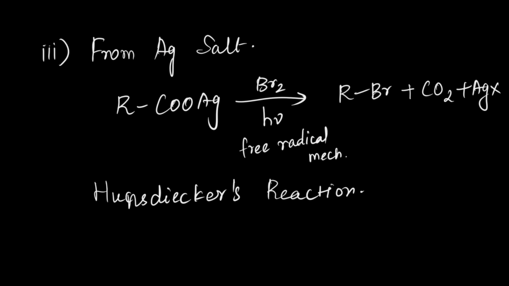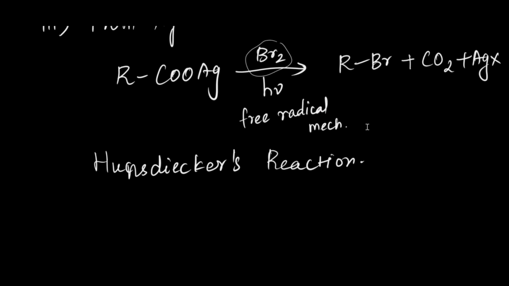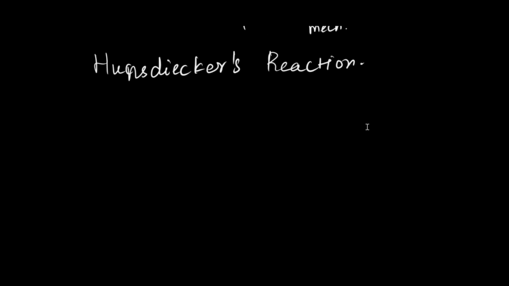So if I want to tell you once again, this follows a free radical mechanism. First it will form a radical out of Br2 and an R radical. CO2 escapes as a gas, and the Br radical and R radical combine finally in the chain termination step to form haloalkane.